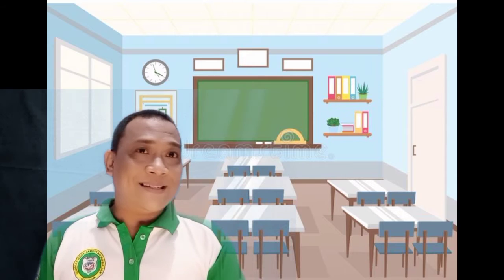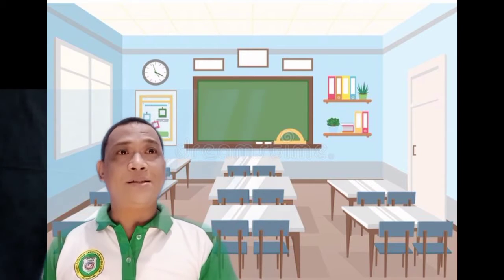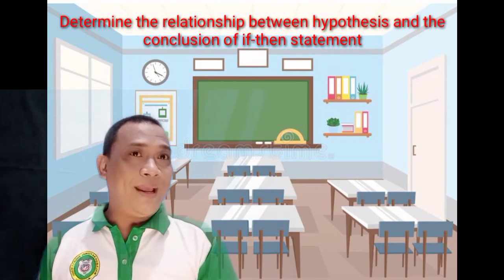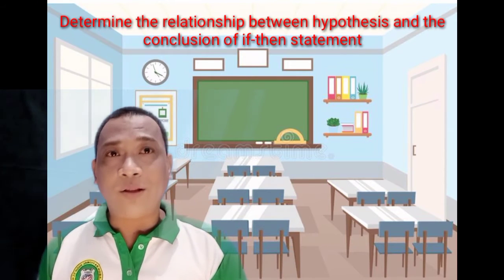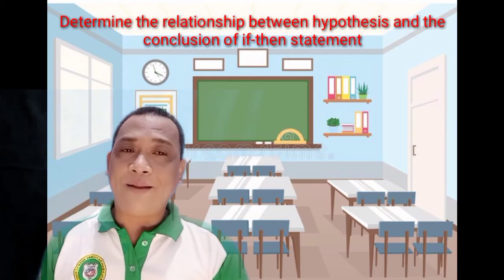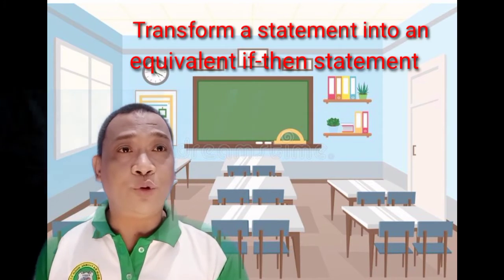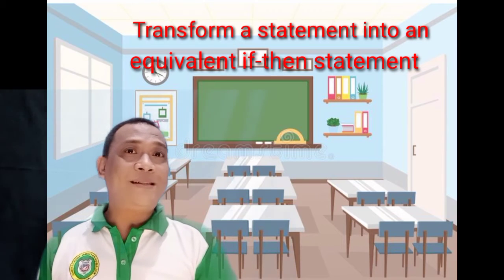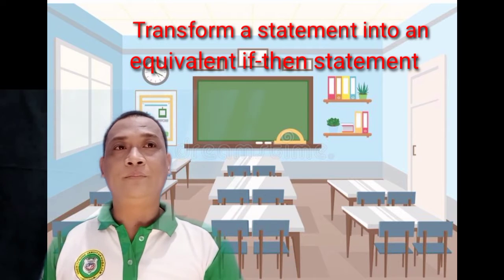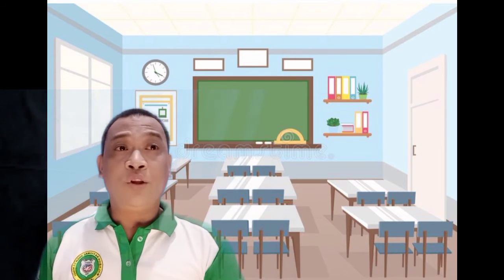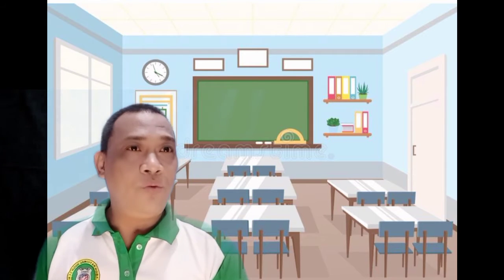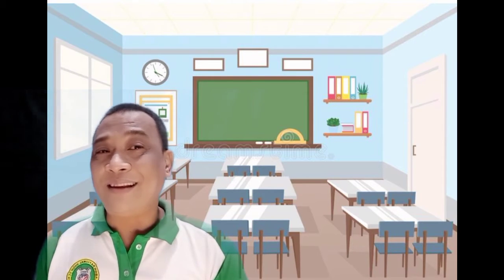Our competence is, at the end of this lesson, you should, number 1, determine the relationship between hypothesis and the conclusion of an if-then statement, and number 2, transform a statement into an equivalent if-then statement. Now, if you will listen to me carefully, then you will understand this lesson easily.